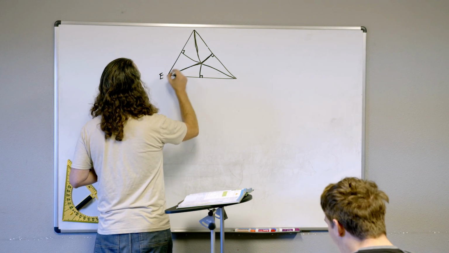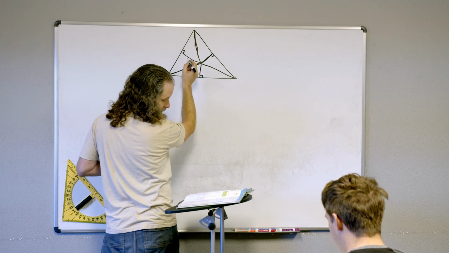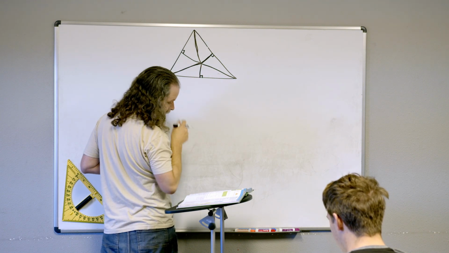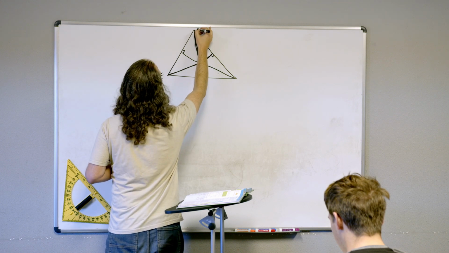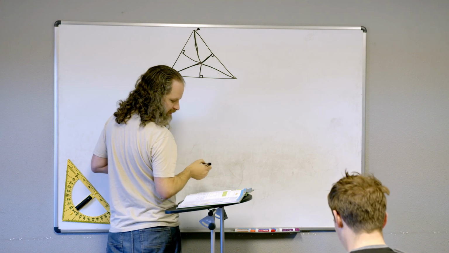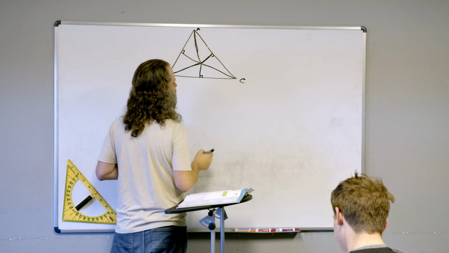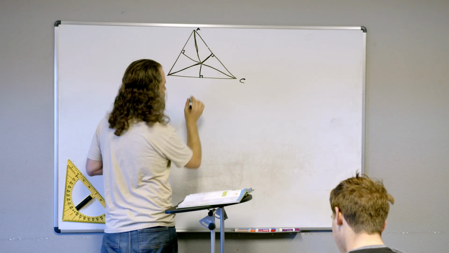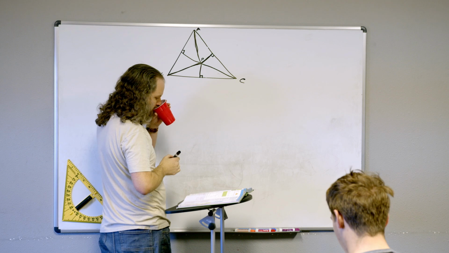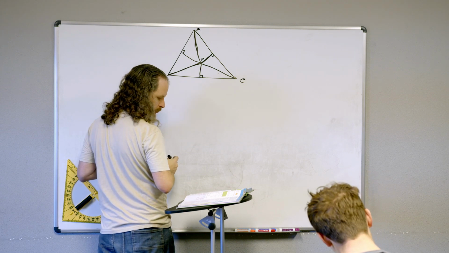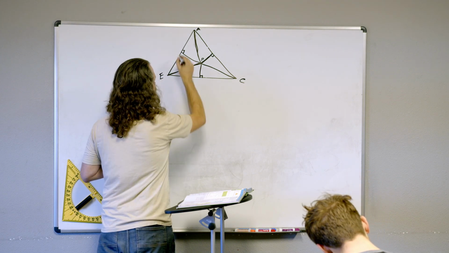It's only slightly less flawed, actually. Oh, no, it's not, because it says that P is the incenter, so this problem is a good problem. What is the incenter? What does that mean? It's equidistant from every side.